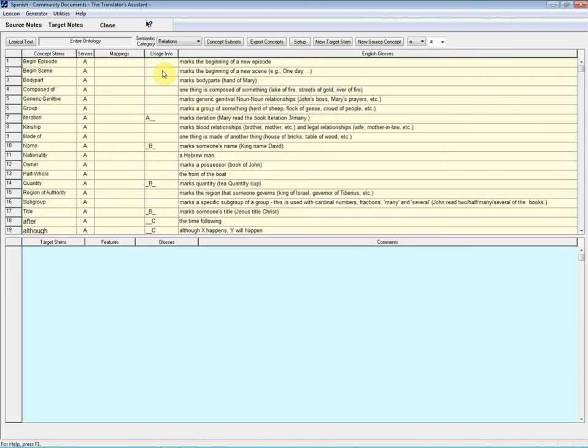All right, so now we're looking at relations, or we sometimes call them adpositions, and you can see when we connect 2 nouns together, we specify if they're kinship, made of, body part, composed of. We have all of these types of specific relations that we use, and then there are other more Englishy word things.